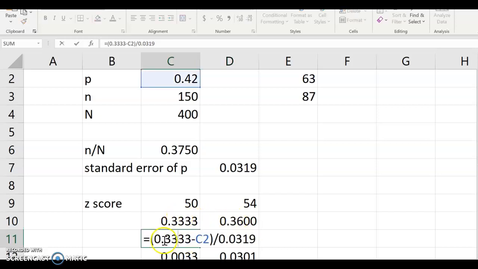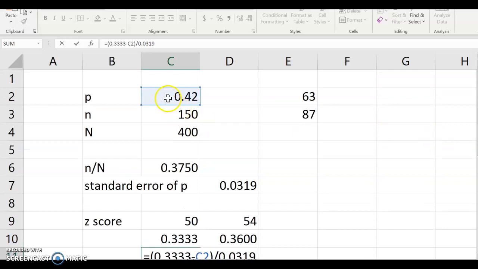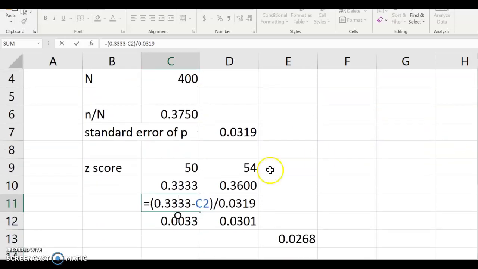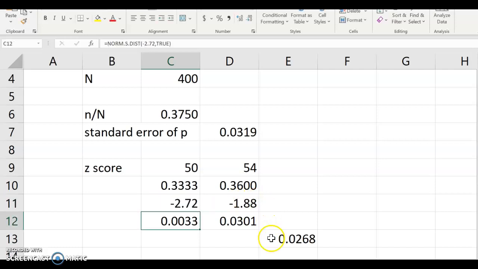Now I can get my z-score. So what I did was I typed in this value here, 0.3333, minus the population proportion, which is 0.42, and then divide it by, type in the standard error, 0.0319.